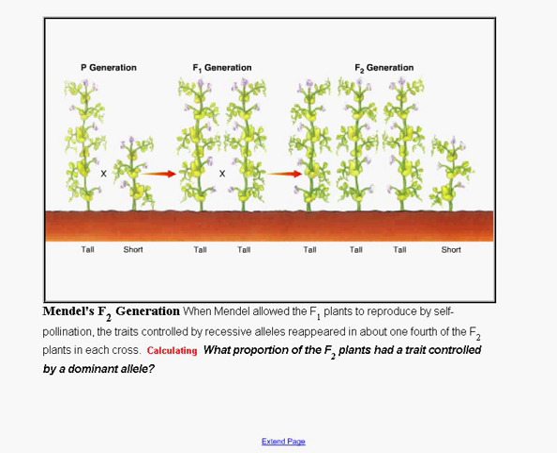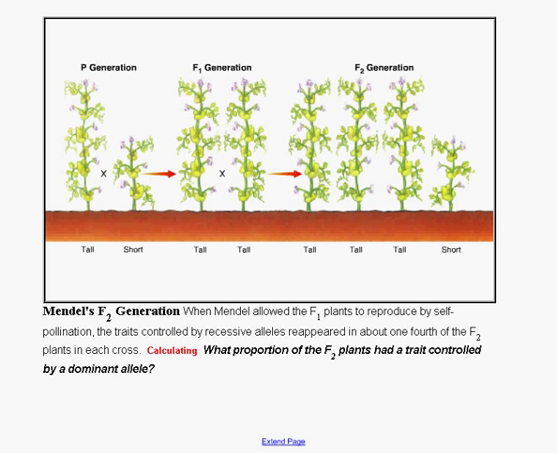So if you have a tall breeding plant, it would only give tall children. And if you had a short breeding seed, it would only give plants that were short. These are true breeding. Now, he didn't know it. We know it today. But the reason why is because they're homozygotes. There's no other possibilities.